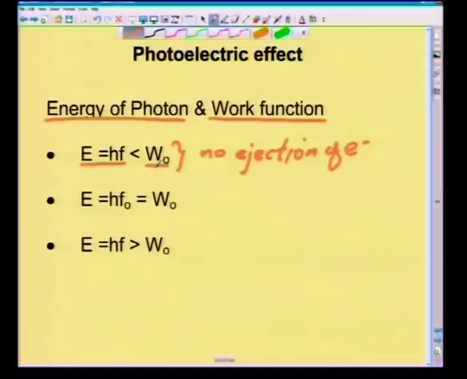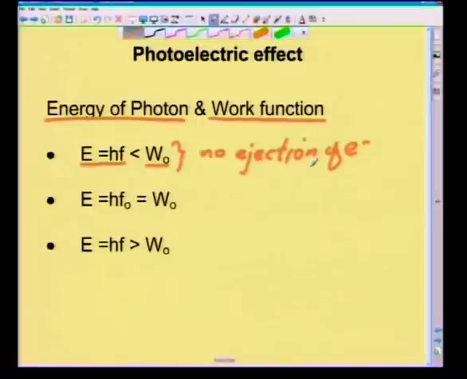Why? Because the energy coming in onto that metal surface is not good enough. If we need 12 eggs, somebody is bringing us 7. So that is not good enough to make us happy, okay? So that energy is not good enough to cause any ejection of electrons.